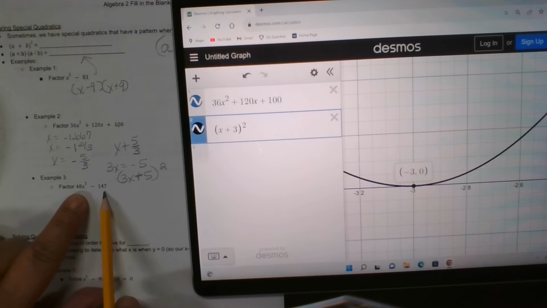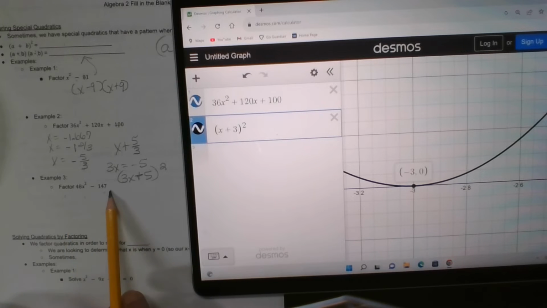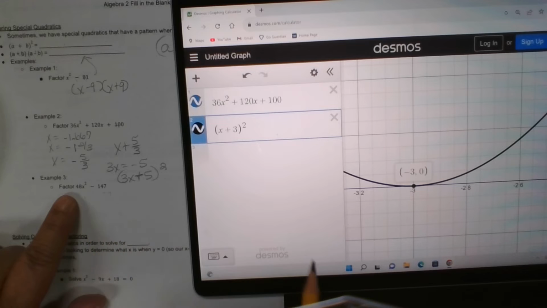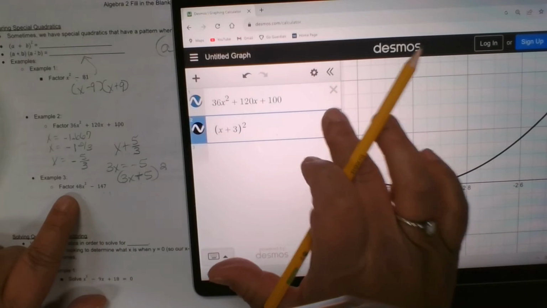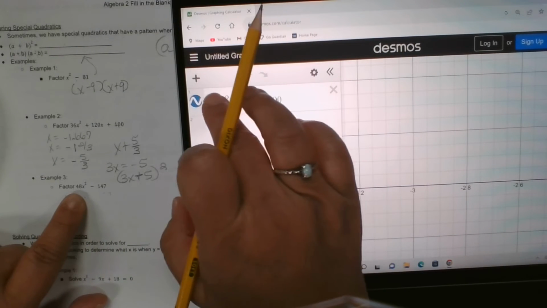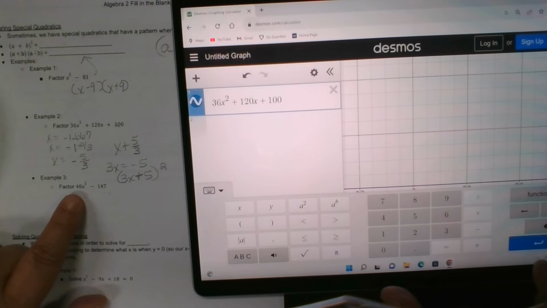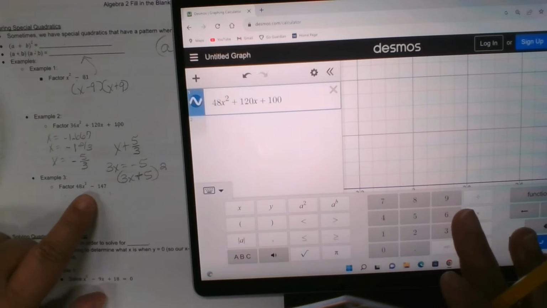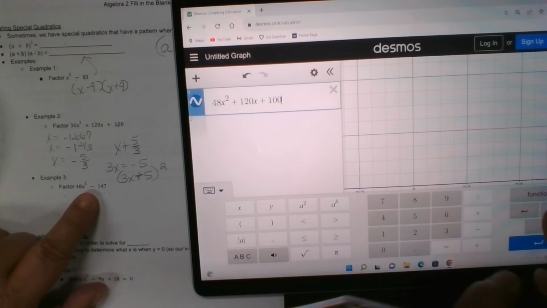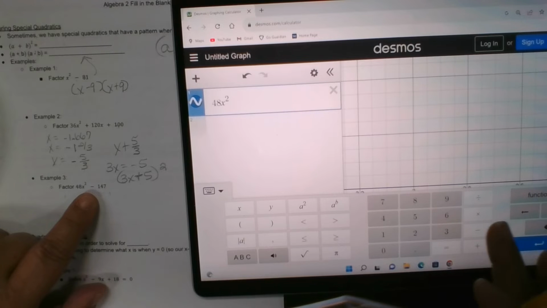All right, looking at this one: 48x squared minus 147. It says factor this. Okay, put that in your Desmos calculator. I'm going to get rid of these, and we're going to do it right here. 48x squared minus 147.